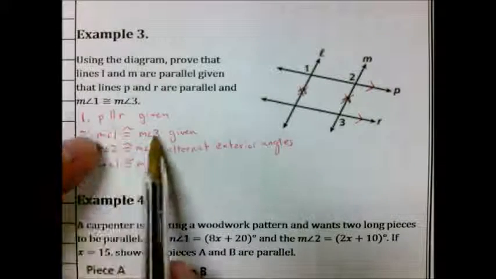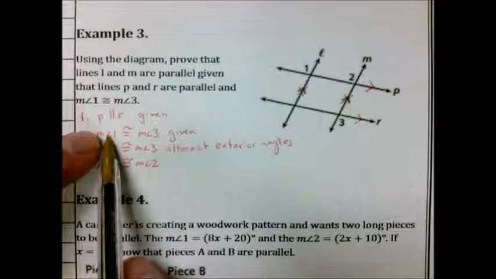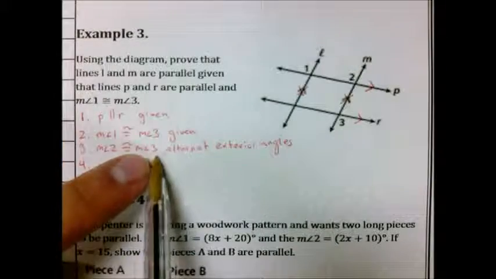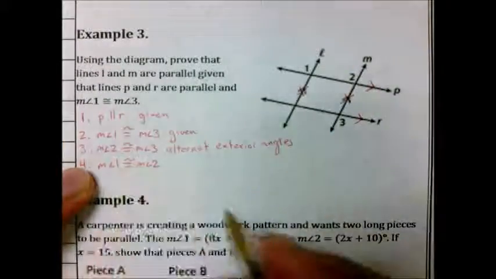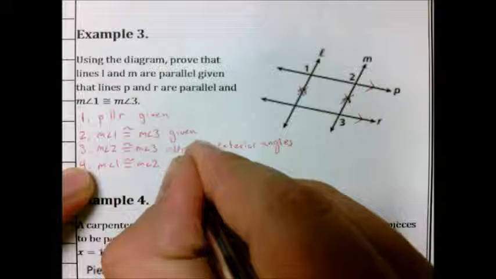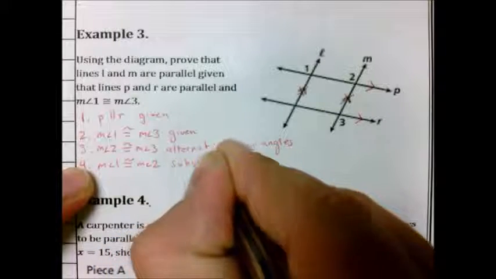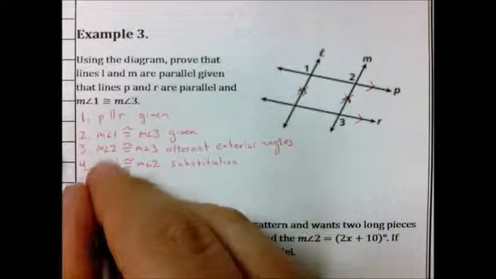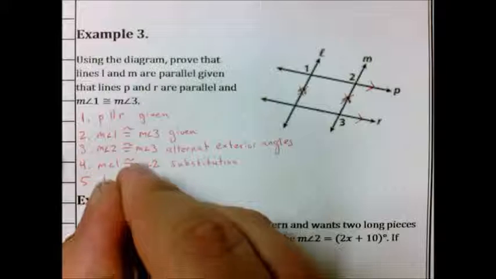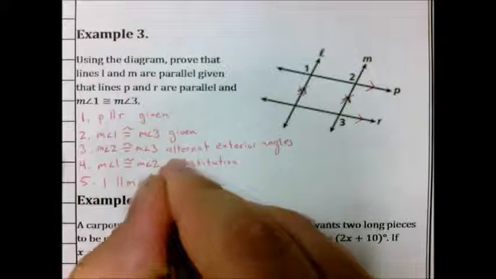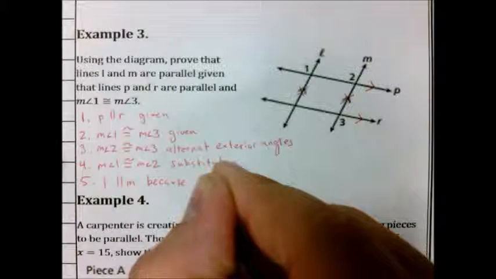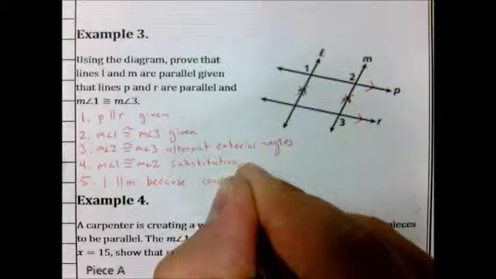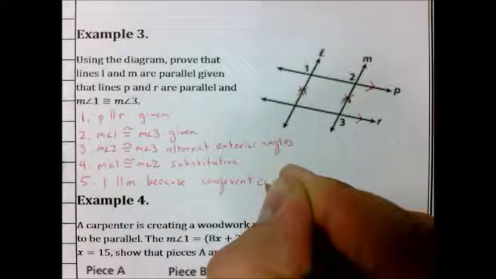If the measure of angle 1 is congruent to the measure of angle 3, we can just plug this in for this, and we see that those are true based on substitution. And the last thing we can say then is that L is parallel to M because of congruent corresponding angles.